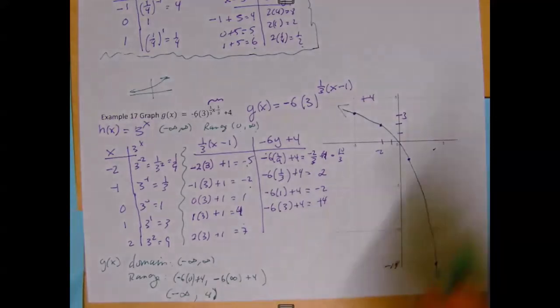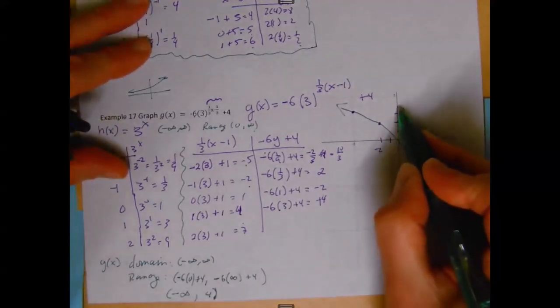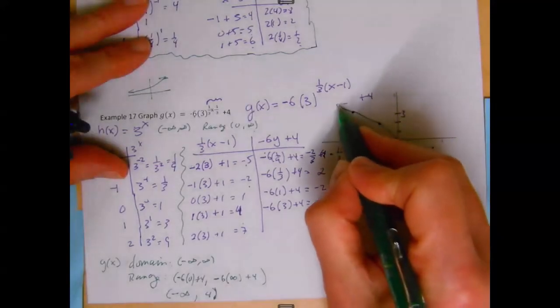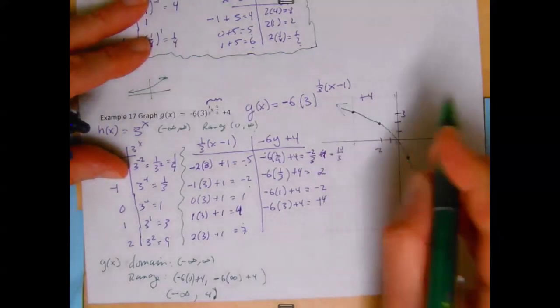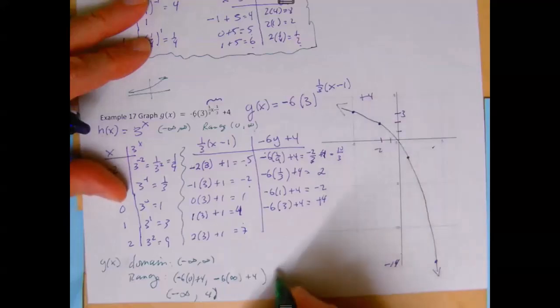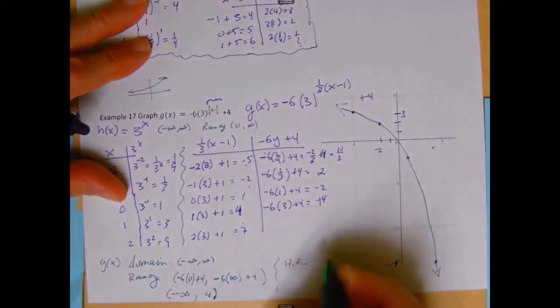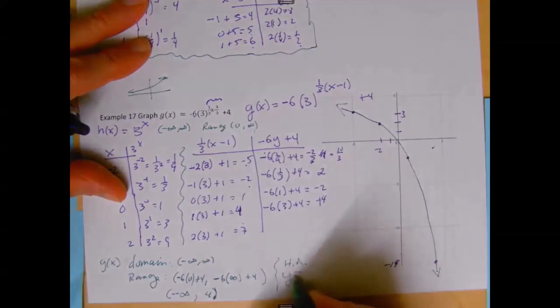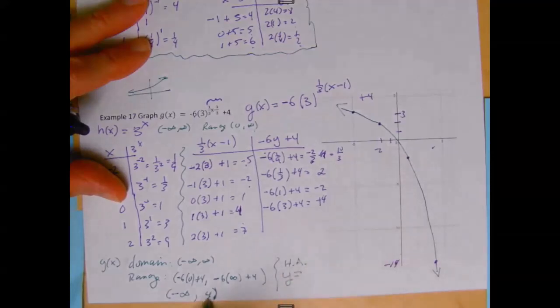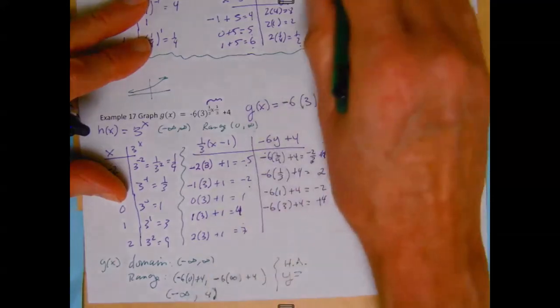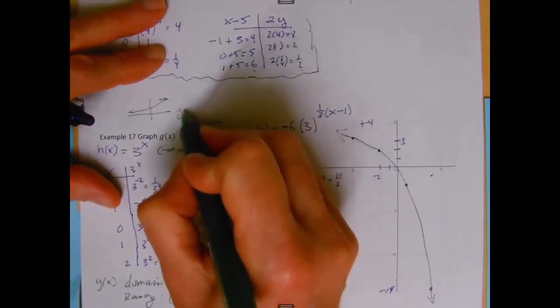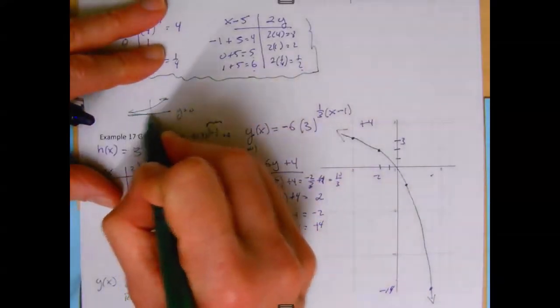Okay, because again, I flipped and you can see that. Here's 3, this is 4, and it looks like, okay, I kind of drew this arrow, but now I'm seeing that as far as the horizontal asymptote, where has it gone to? Well, now it's at y equals 4. Before it was at 0. Why? Because if I look at the picture, here is the horizontal asymptote right there, but I flipped it, shifted it up.